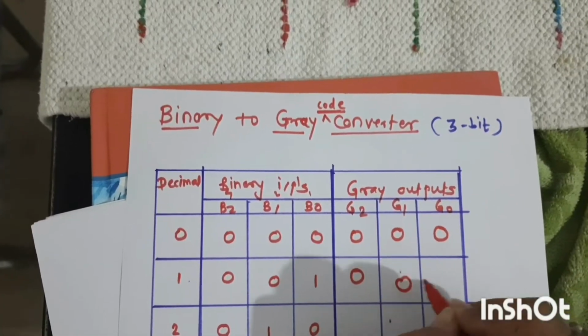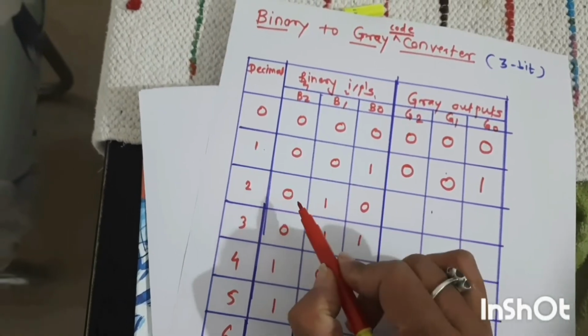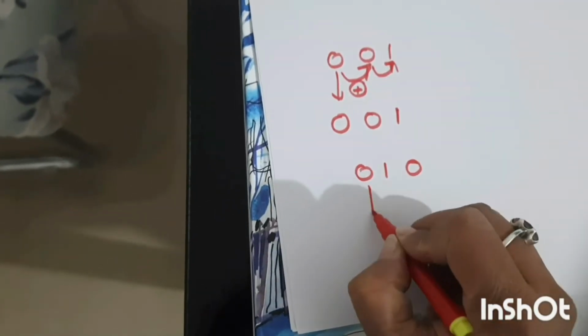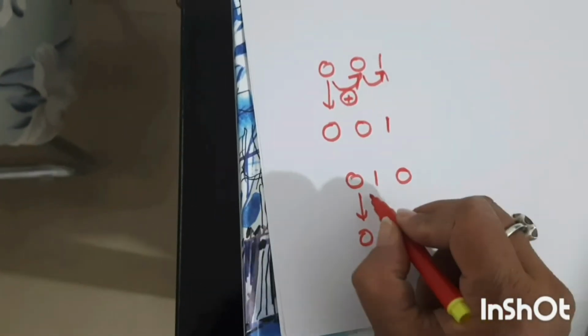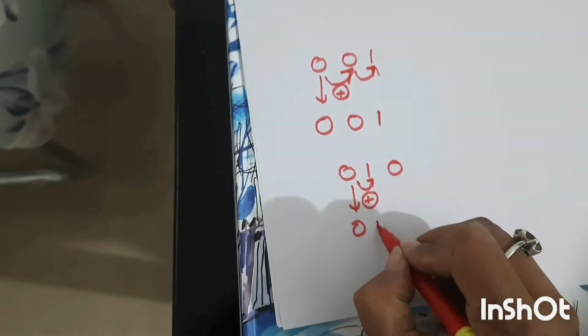Write it down, that is 0 0 1. Now we will see another example, for decimal number 2, 0 1 0. So again take the example of 0 1 0. First bit as it is, then do the XOR operation of these two, that is 0 XOR 1 is 1.